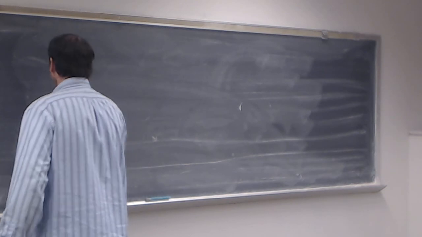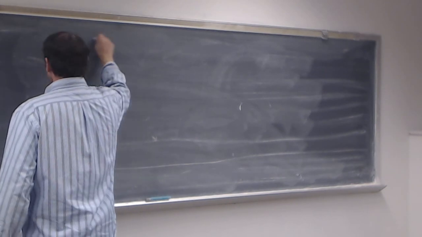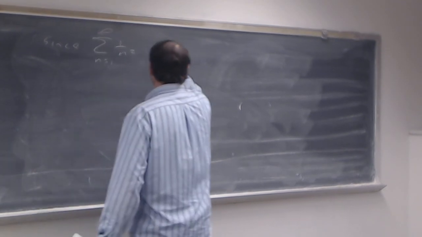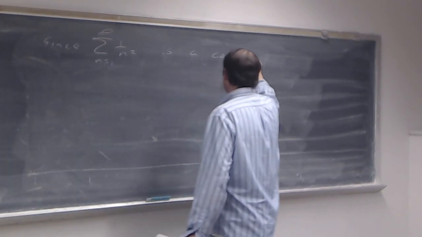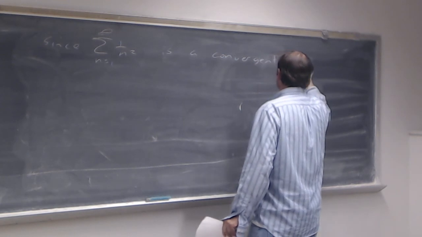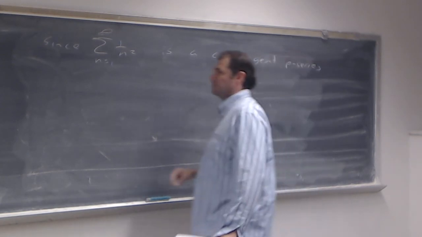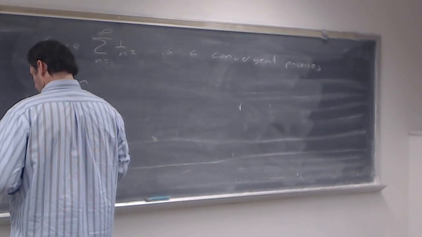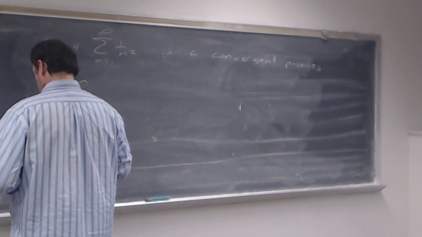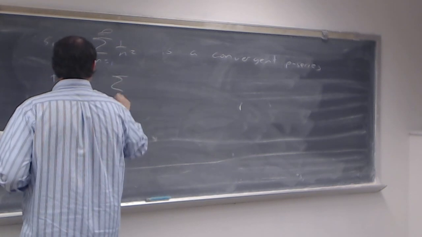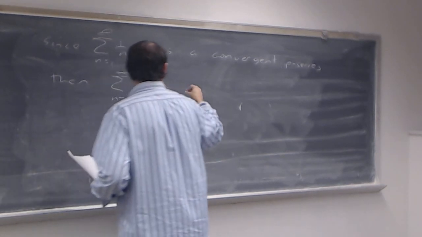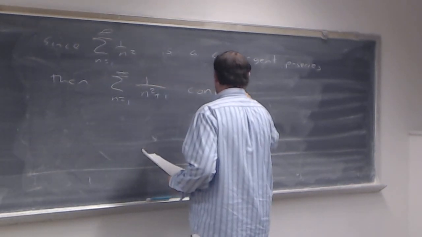And so by the comparison test, since the sum of 1 over n squared is a convergent p-series, then the sum as n runs from 1 to infinity of 1 over n squared plus 1 converges by the comparison test.